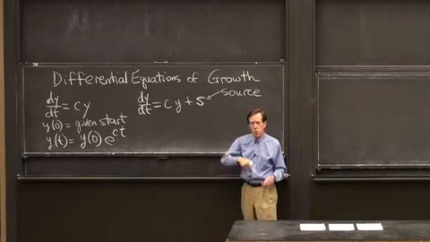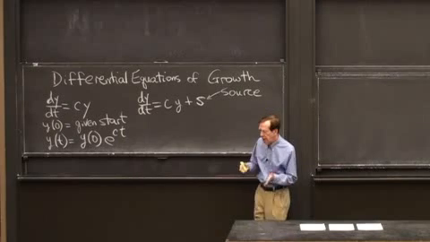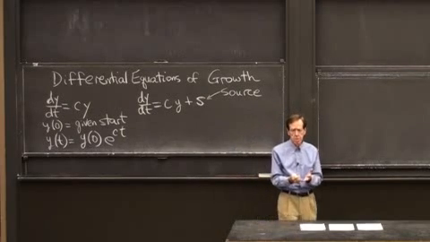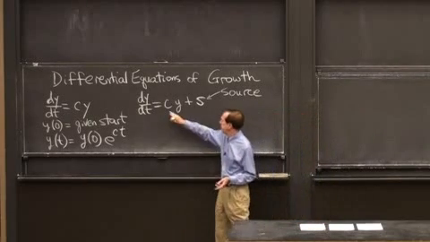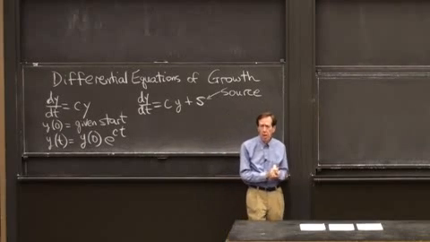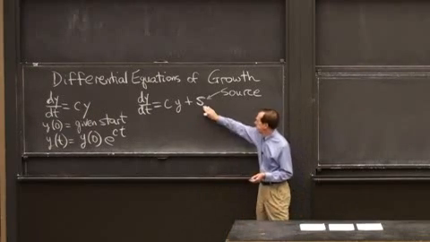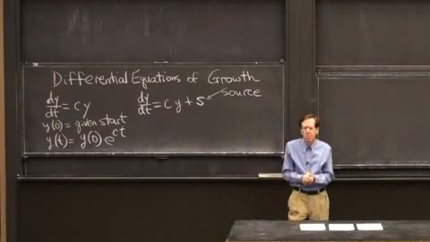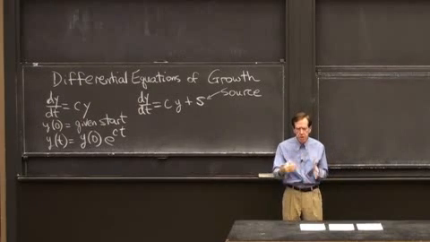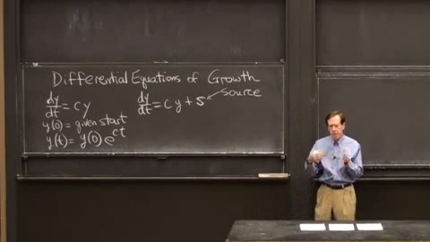allows a source term. This might be money in the bank, growing with an interest rate c per year, and the source term would be additional money that you're constantly putting in every time step.